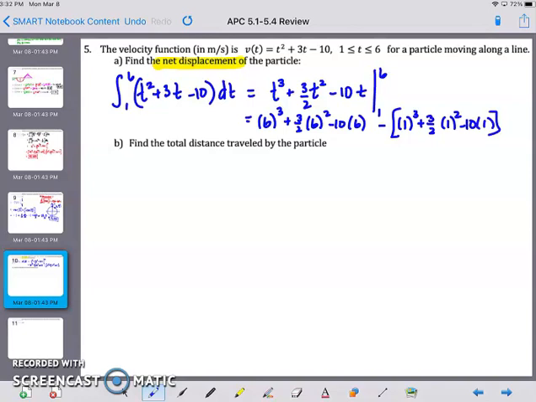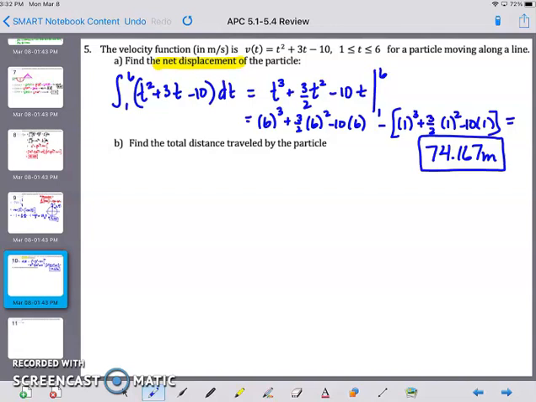And then I'm going to grab my calculator and type this in. I can do a little bit of the math in my head, but basically when you type all this in, you should get that the net displacement of the particle is equal to 74.167 meters.